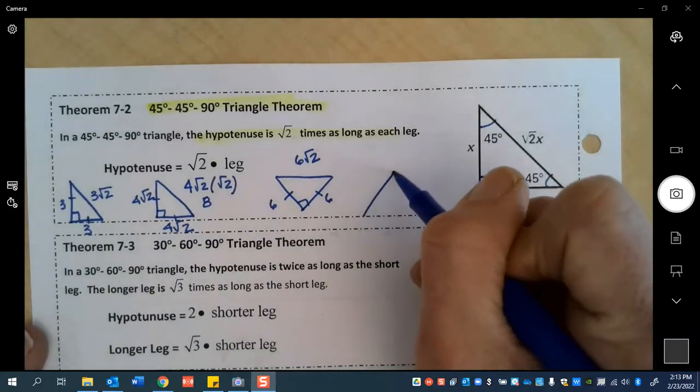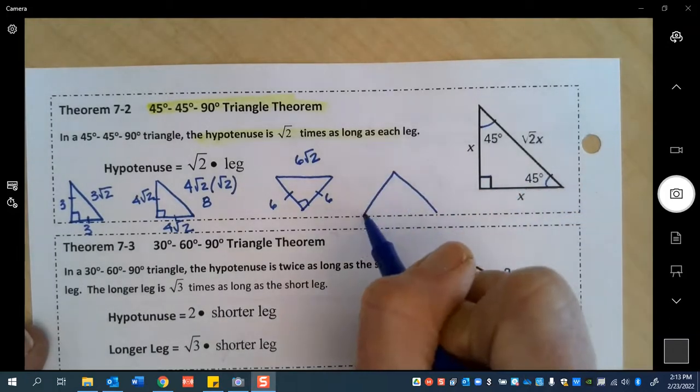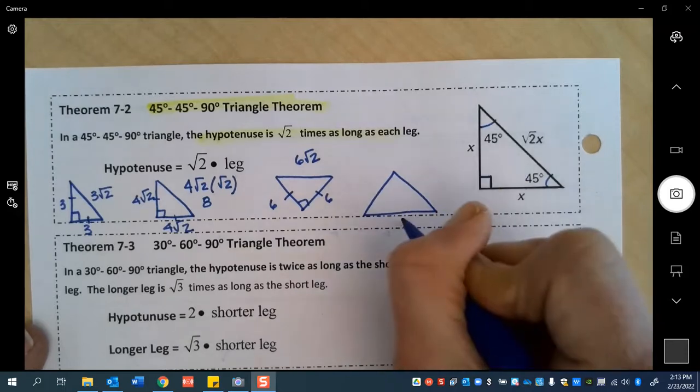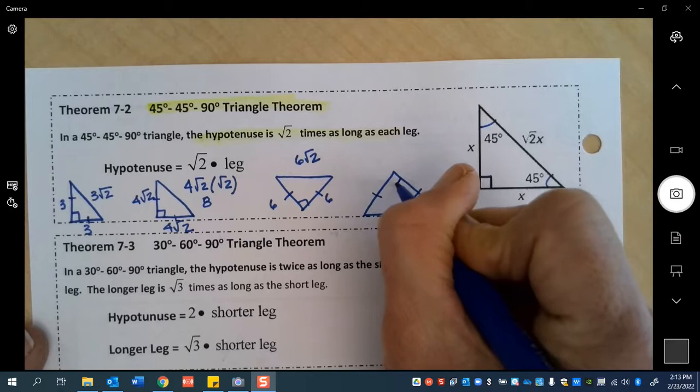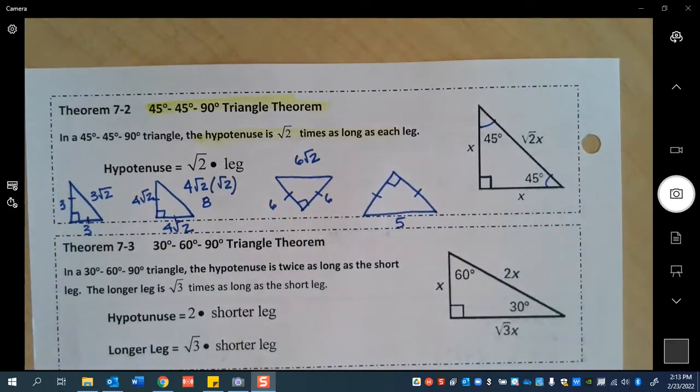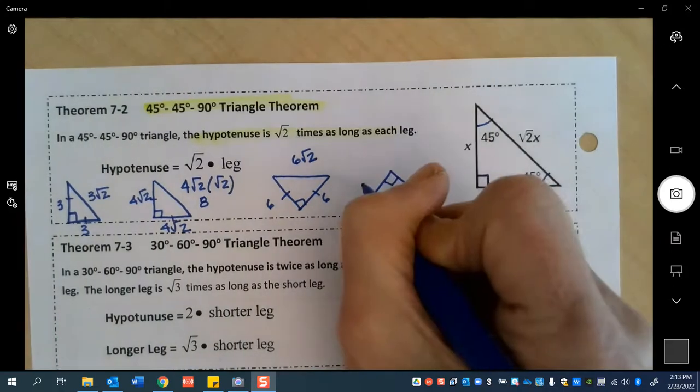If I have a hypotenuse value of 5 in an isosceles right triangle, how do I find x?